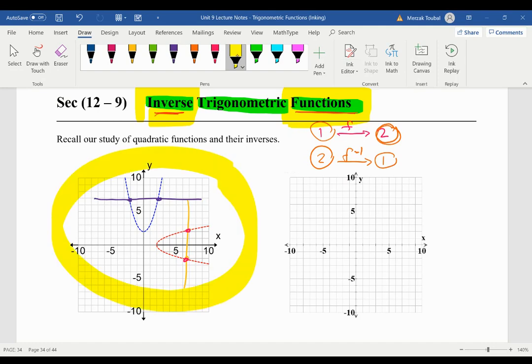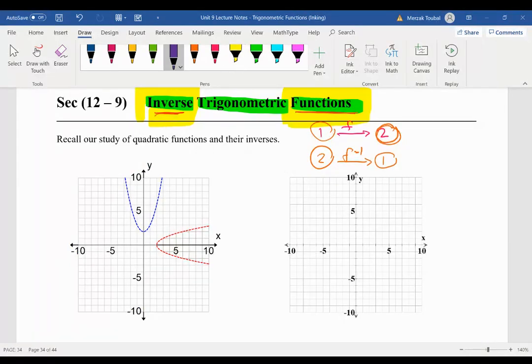We want the blue curve, the original function, to actually have an inverse function, not a relation. So what we're going to do is this. One of the solutions is to restrict the domain of the original function.